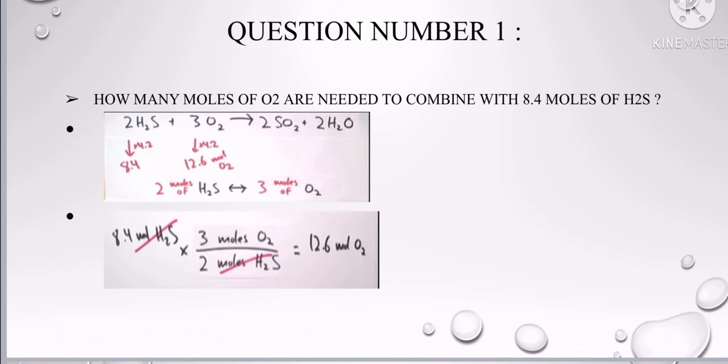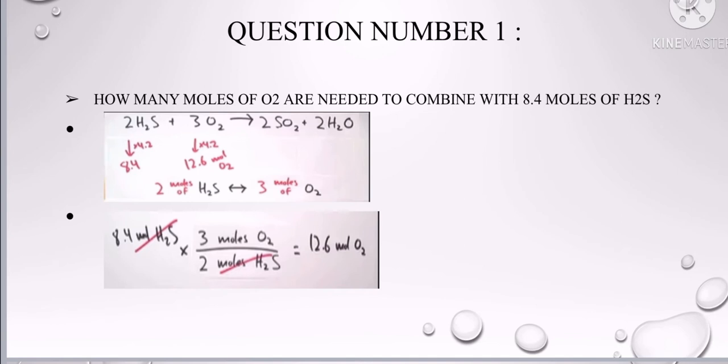Because the coefficient of oxygen in the reactants is 3, we multiply 3 by 4.2, which is equivalent to 12.6. So we notice there is a relationship between H2S and O2.